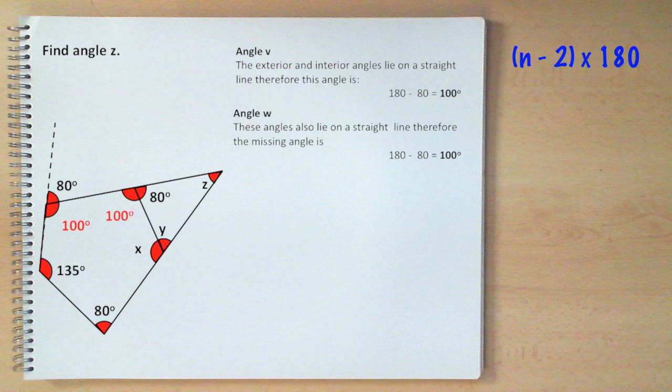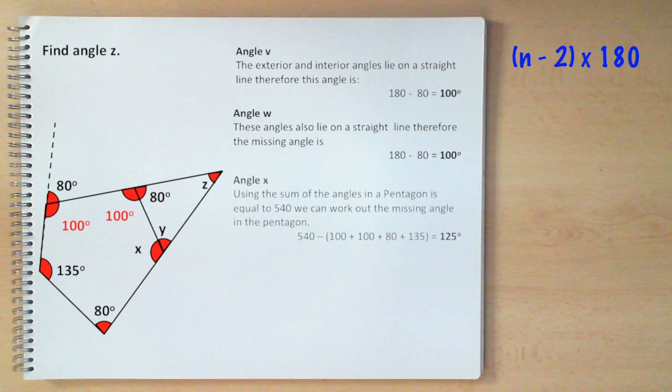Now we have 4 of the 5 angles inside an irregular pentagon. Using our little formula we've written down, we know that the angles inside a pentagon add up to 540. So we can work out, by taking away the 4 angles we do know, that X is equal to 125.